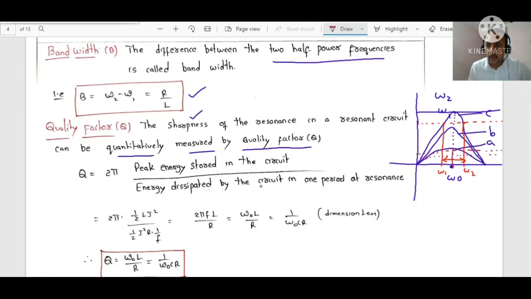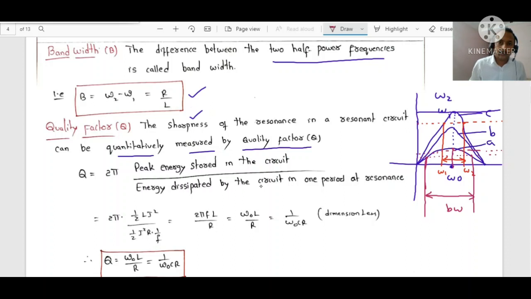Now that root 2 value cuts the graph here, and the other point is here. With respect to graph A, this is the bandwidth. Very, very important. So if it has more sharpness, the bandwidth region is less. If it is very wide or flat, the bandwidth is very, very high.